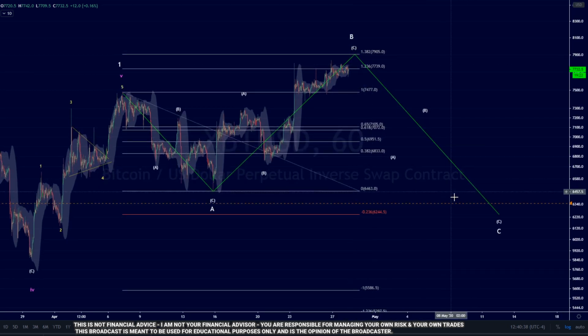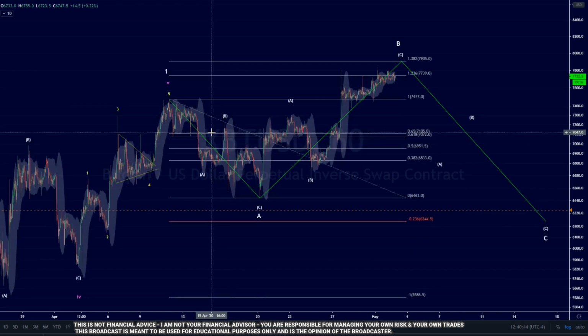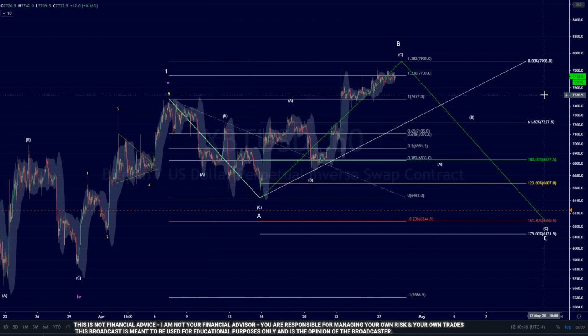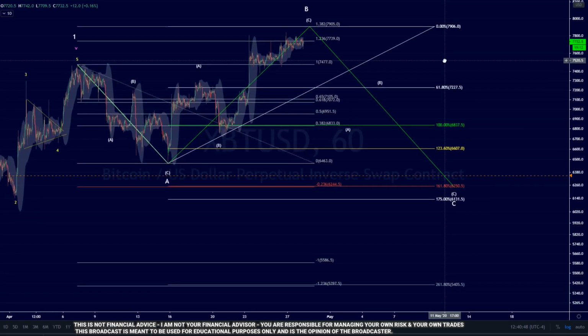So when we go down into the C, what could change this? And let me just put this back here for a moment. Let's just take a look at this. Is it possible we go lower? Well, it's possible we go to 5,400, but let me tell you how we can get down this far, okay? It's important for you to realize how we can see an alternate count.